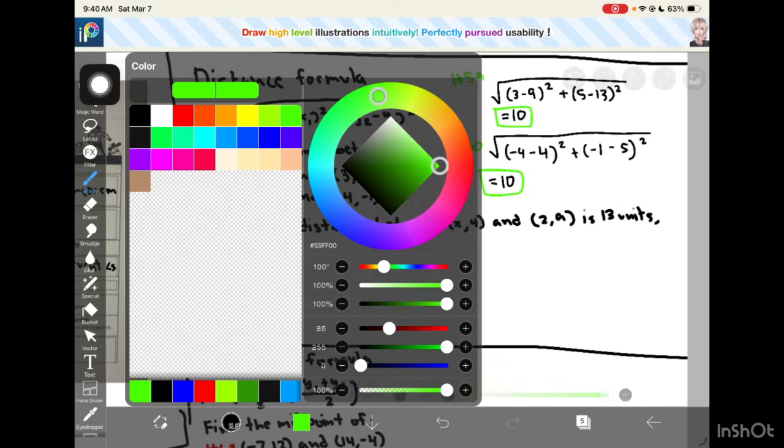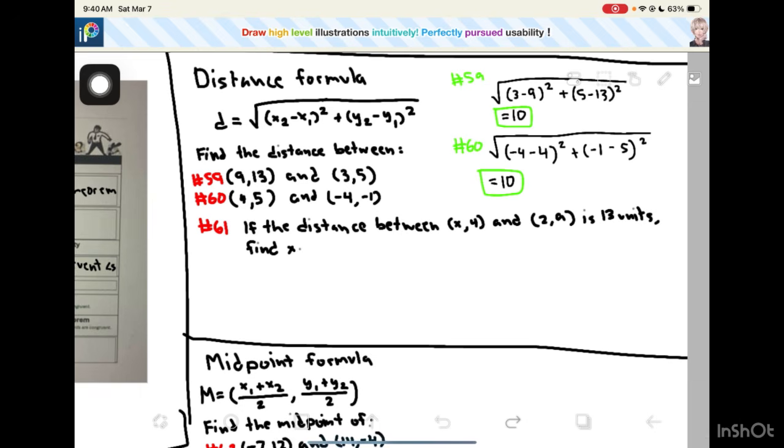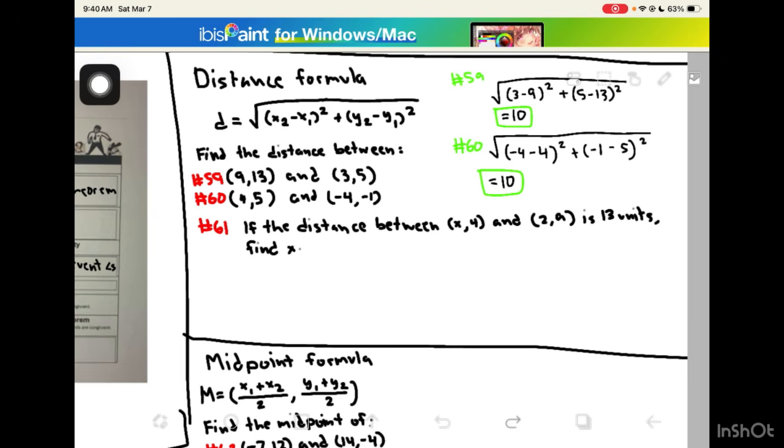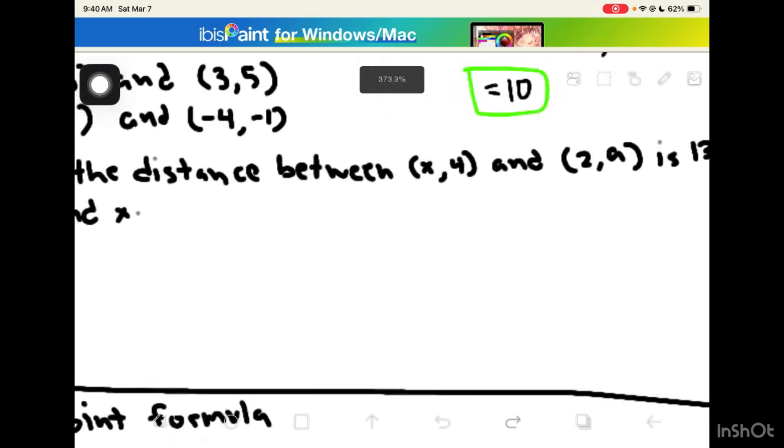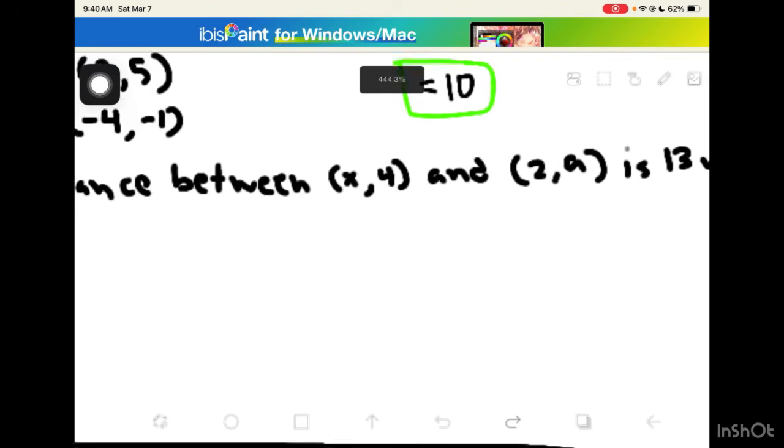Now, how about this one? Actually, I prefer to do this visually. So let's try to imagine it. The distance between x,4 and 2,9 is 13 units. Find x. We can form two triangles here. So let's start with what we know.